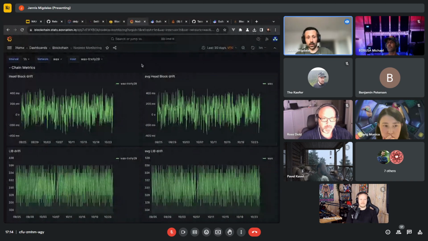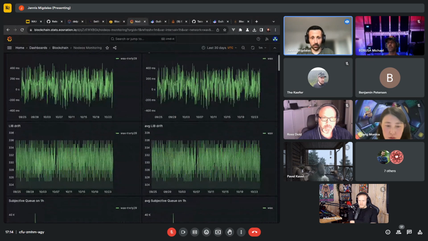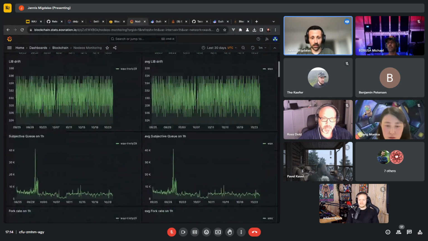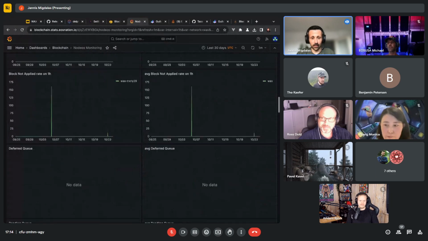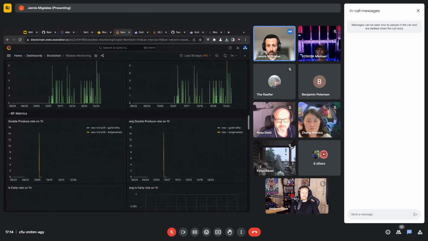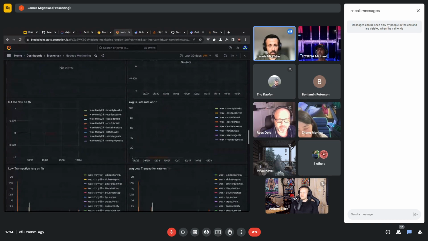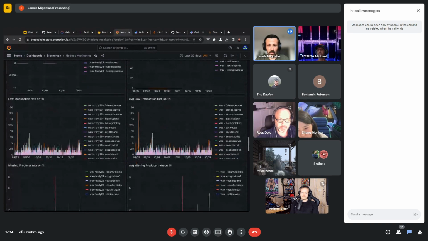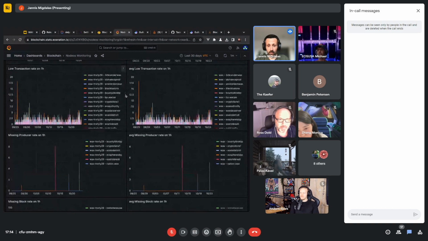We are also looking at the network monitoring provided by EOS Nation, where they scrape all the logs and build those beautiful graphs for us. But this time, not much we need to talk about. The situation in the network has normalized in the past 30 days. We have no unusual low transaction rate anymore.